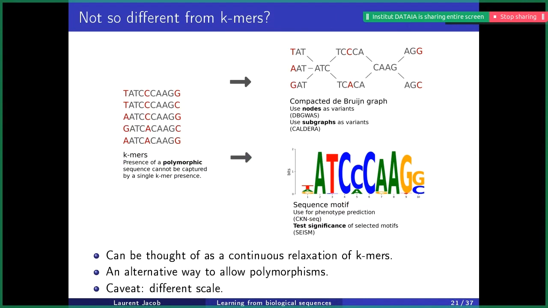Before that, when we had polymorphisms, we used the de Bruijn graph to represent these polymorphisms. It was a small connected subgraph, a discrete way of representing that. Here, we're going to do the same thing, but with a continuous representation. I like to connect these two because it was interesting to see this connection.